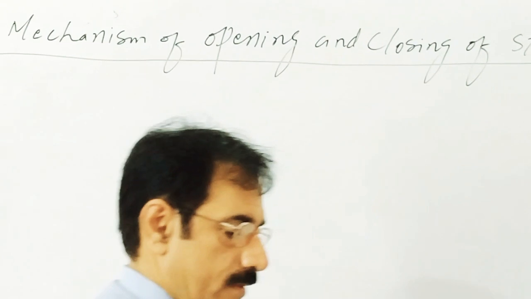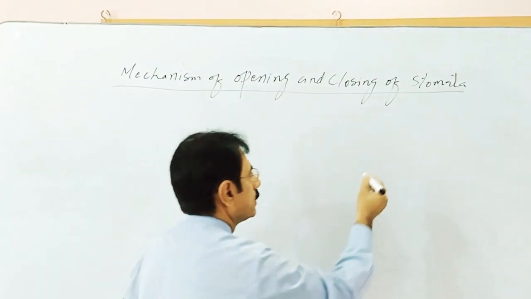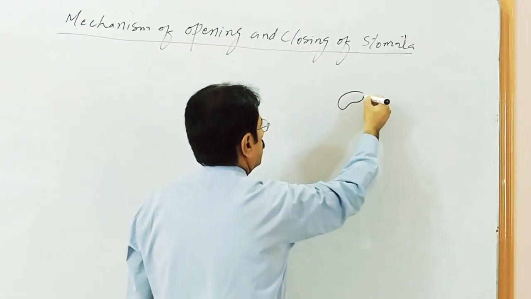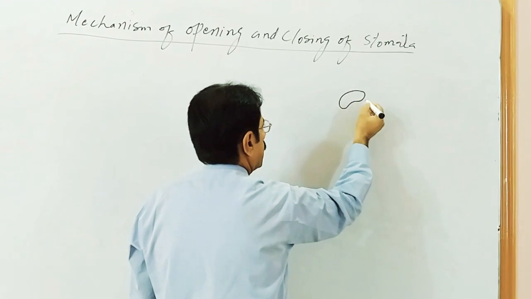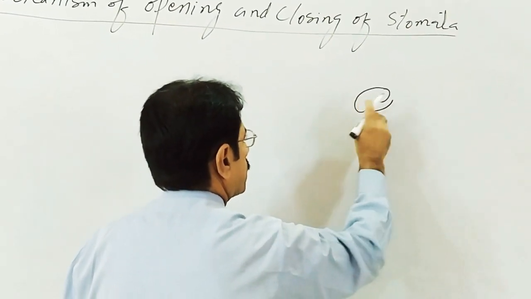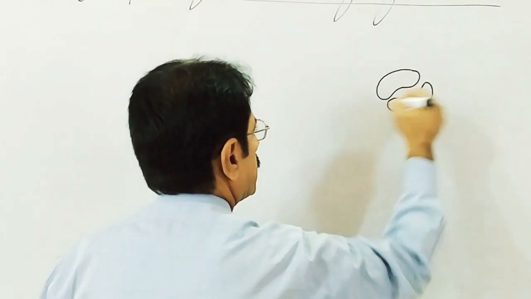Stomata are the pores found on the leaf surfaces. Actually, each stoma lies surrounded by two kidney-shaped curved cells.